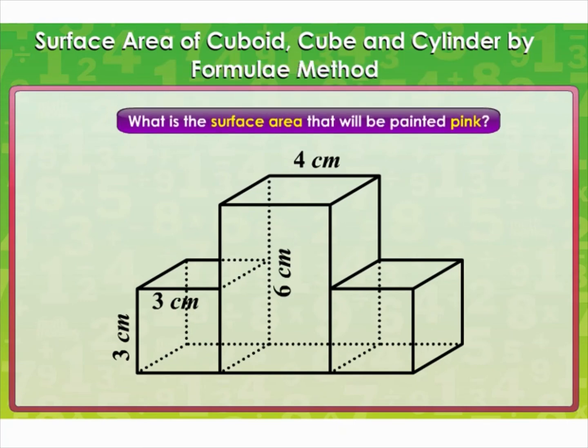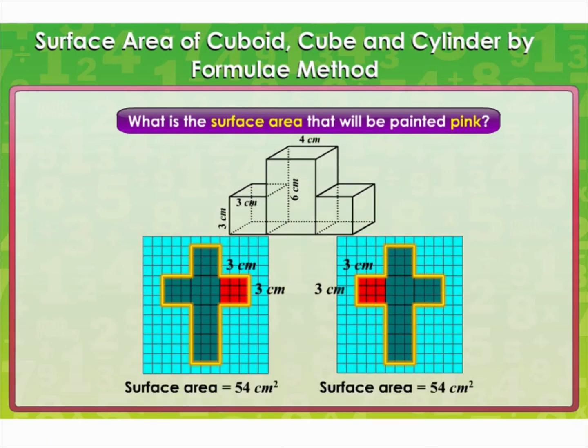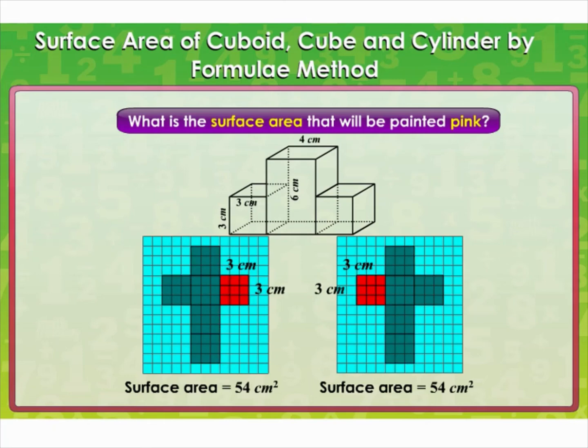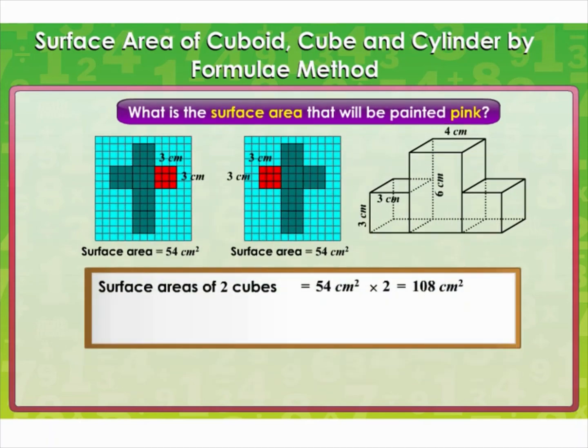What is the surface area that will be painted pink? Will this surface area be the same as shown in the net? The total surface area of these two cubes is 108 square centimeters.